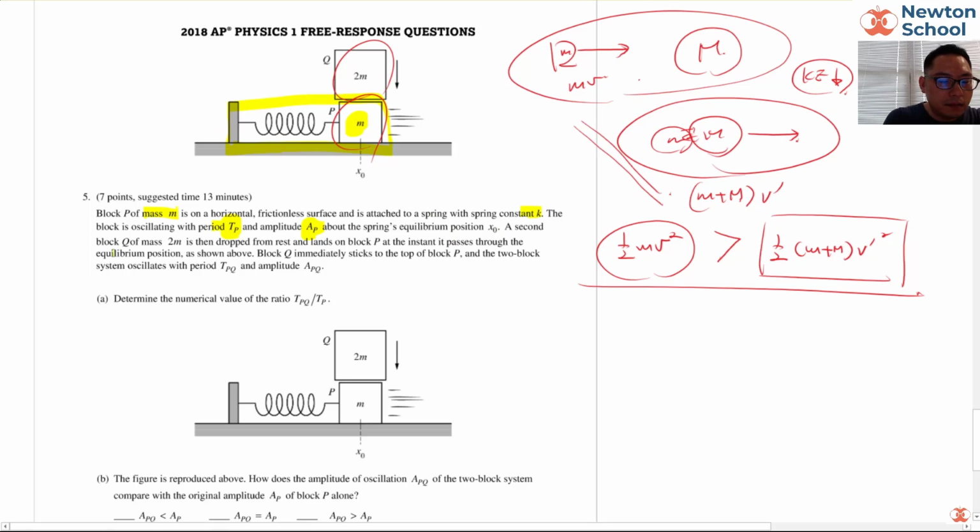And a second block Q of mass 2m, so this will be 2m. It dropped from rest onto block P at the instant it passed through equilibrium. So there is a collision, right? Now this becomes 3m, I guess. And the two-block system oscillates with a different period and different amplitude. Amplitude should be different, but we'll see.